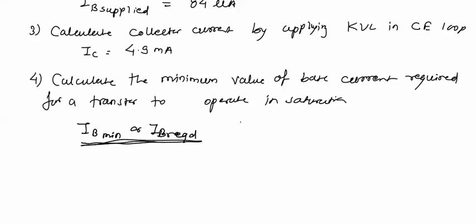This minimum base current required for transistor to operate in saturation is equal to IC by beta. In the previous problem we have calculated IC by applying KVL in the collector emitter loop, which is 4.9 milliamperes, and beta was given equal to 100, so it comes out to be 49 microamperes.